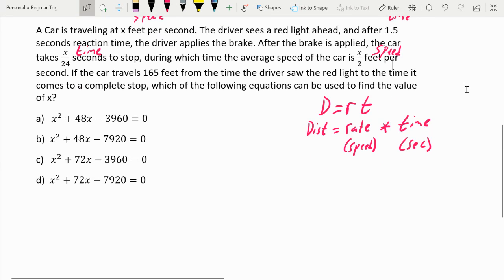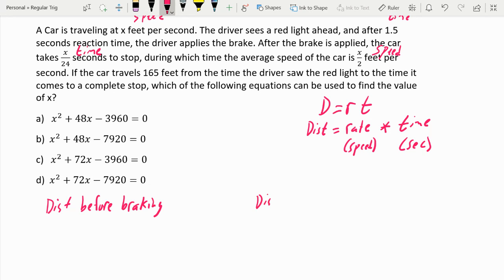Let me write some of the stuff down just so it's a little bit more organized here. There are two things happening. First, the distance before braking, before this driver even hits the brake, and then we'll talk about the distance while braking.